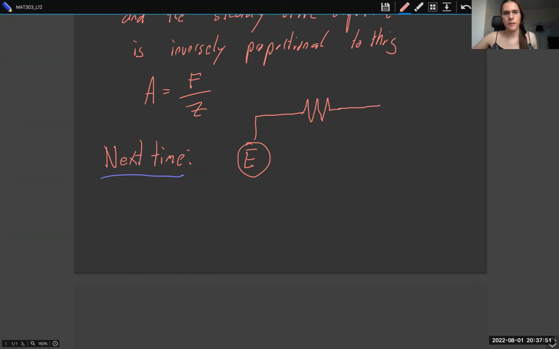And then the circuit might split into another resistor here. And then let's say the circuit splits into 2, and then we have an inductor here. And then let's say we have a capacitor here. And let's say we have another capacitor here.